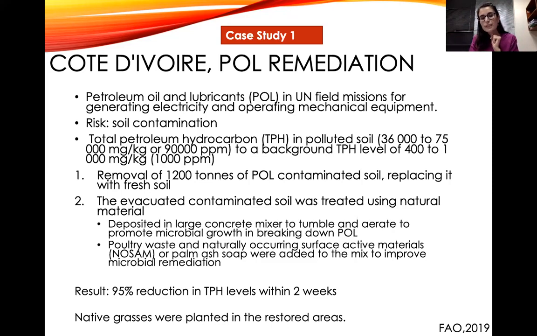And within 2 weeks, they were able to reduce the TPH, or the total petroleum hydrocarbon level, down by 95%. And after that, once you know that the soil is relatively better, then you start growing crops on it. And the best way for soil remediation or soil reclamation generally is to use crops that are local or natural, because then it comes back to its natural state or its natural habitat.